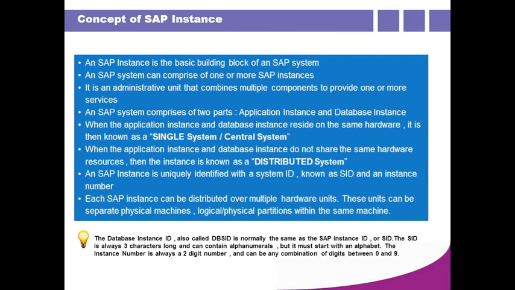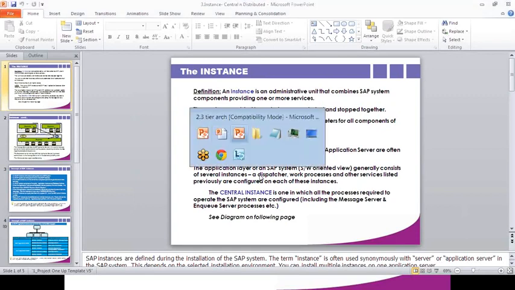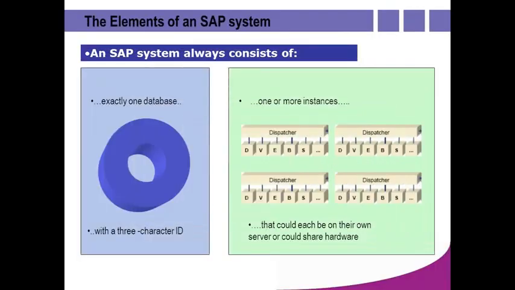Okay. So now the next point is SID. What is the SID? Like your name and my name, to call us, we have one name, right? Everybody has their own name. In the same way, to call your SAP, we have to put one name.